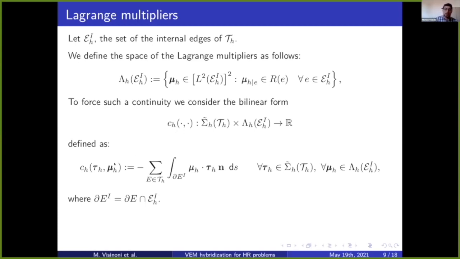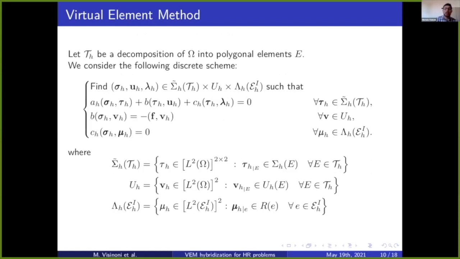So these are the spaces, and the discrete problem of our method is the following, where tau h is a decomposition of omega into polygonal elements, and this is the global space. We can see that we do not require H-div conformity, but we use the Lagrange multiplier, introducing this discrete linear form to impose this continuity.